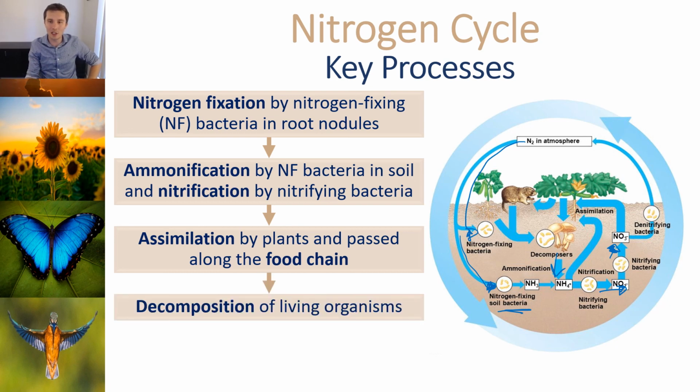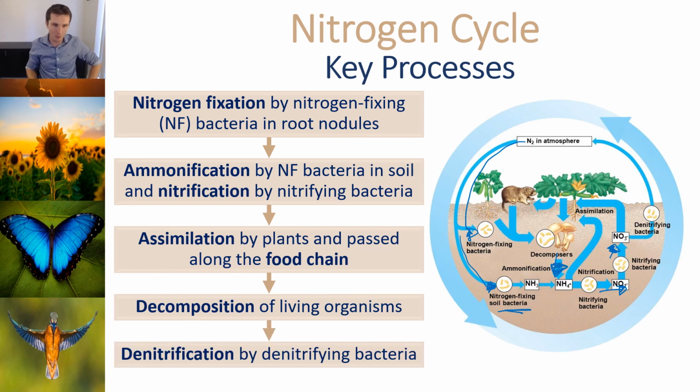And you'll then eventually get the decomposition of living material, where bacteria again start the breakdown of nitrogen, and this whole process starts again. Lightning is one thing that also returns nitrogen to the soil, causing a little bit of nitrogen to return to the soil there.